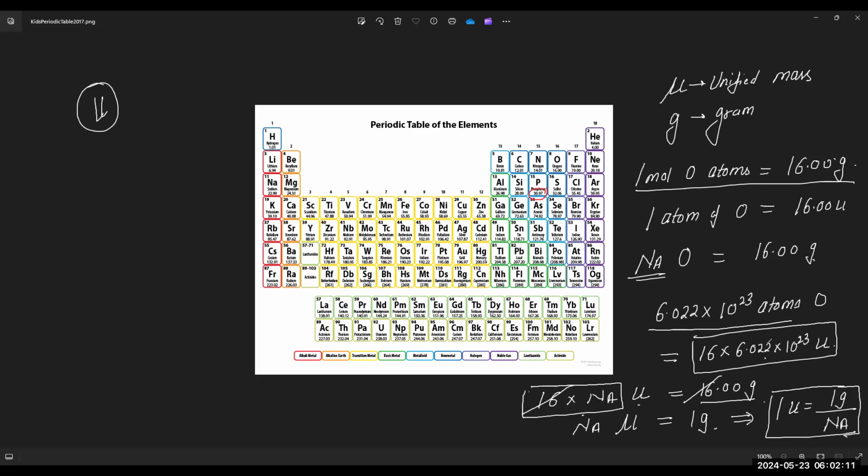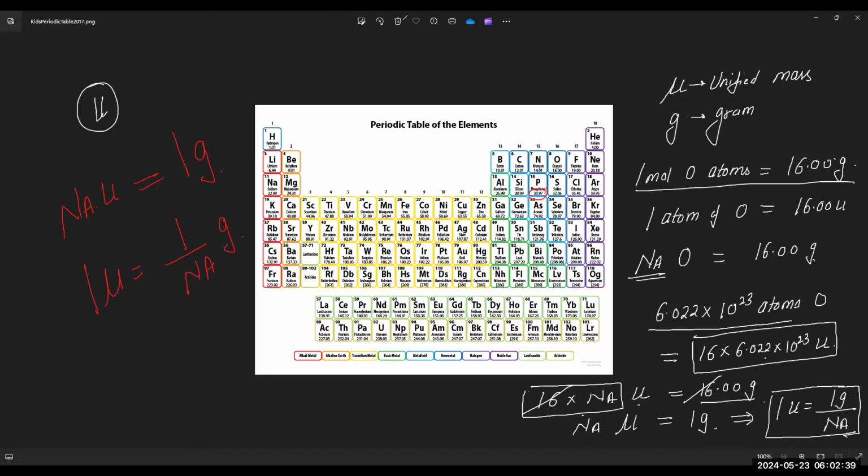This relationship never comes in the examination, but it's fun to know how U and grams are related to each other. If you take Avogadro's number of U, then it becomes 1 gram, or 1 U is 1 divided by Avogadro's number of grams.